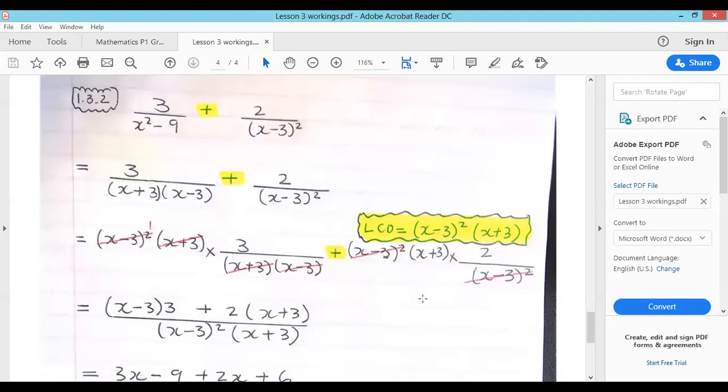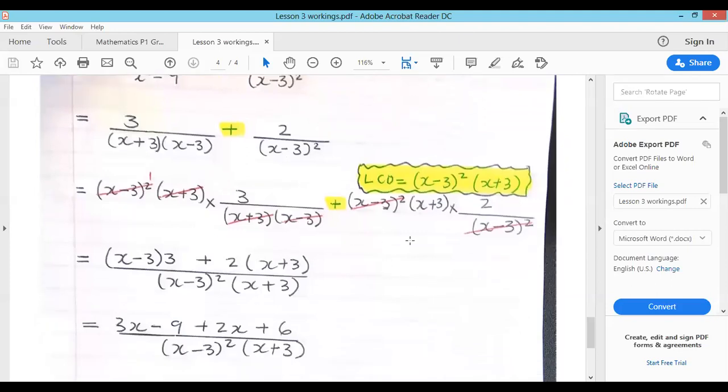Then after, you must multiply your LCD with your terms. You've got 2 terms, so you must multiply this term with the LCD and also multiply the other term with the LCD. Multiplying the LCD by your first term, it will cancel that, and x plus 3 will also cancel with that one.